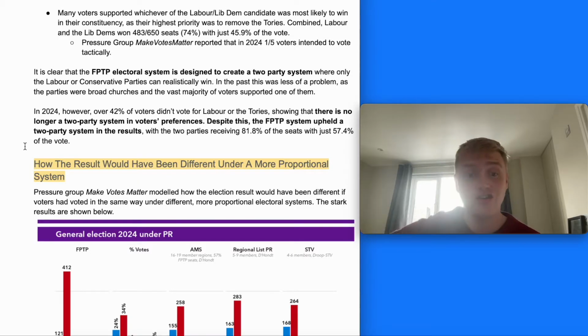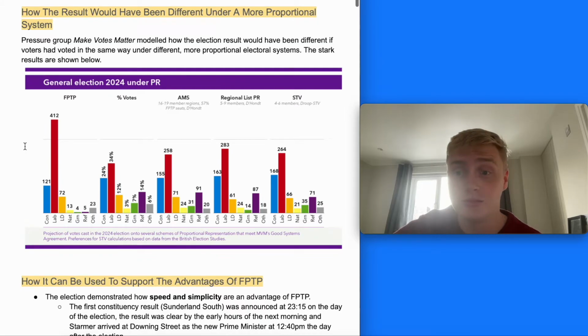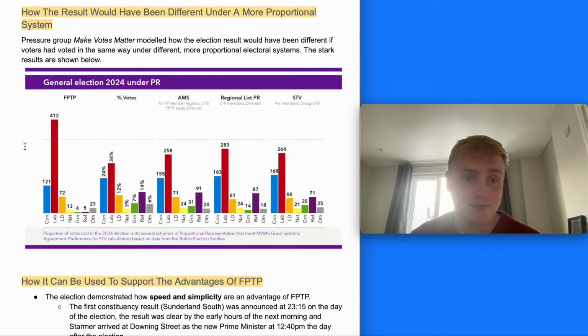And crucially, to show this, it's really interesting to look at how the result would have been different under more proportional systems that are also used in the UK. This was made by pressure group Make Votes Matter. So you see, first past the post gives Labour far more seats than they would have got in the more proportional systems.